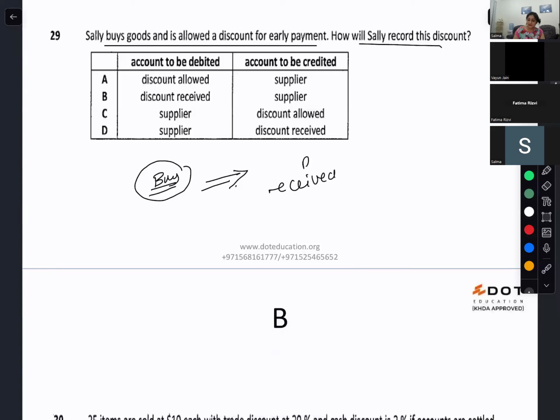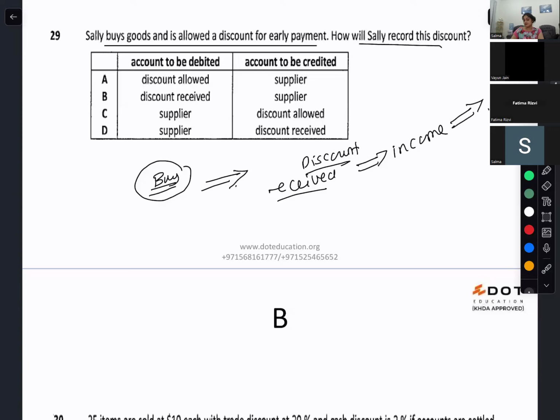Discount received is what? Income or expense? It's income.